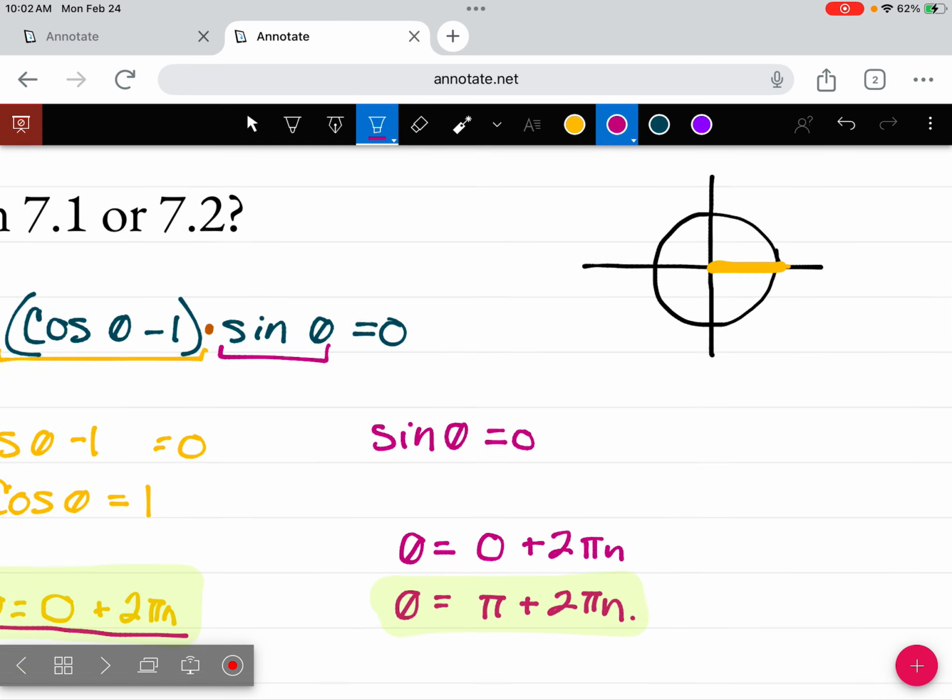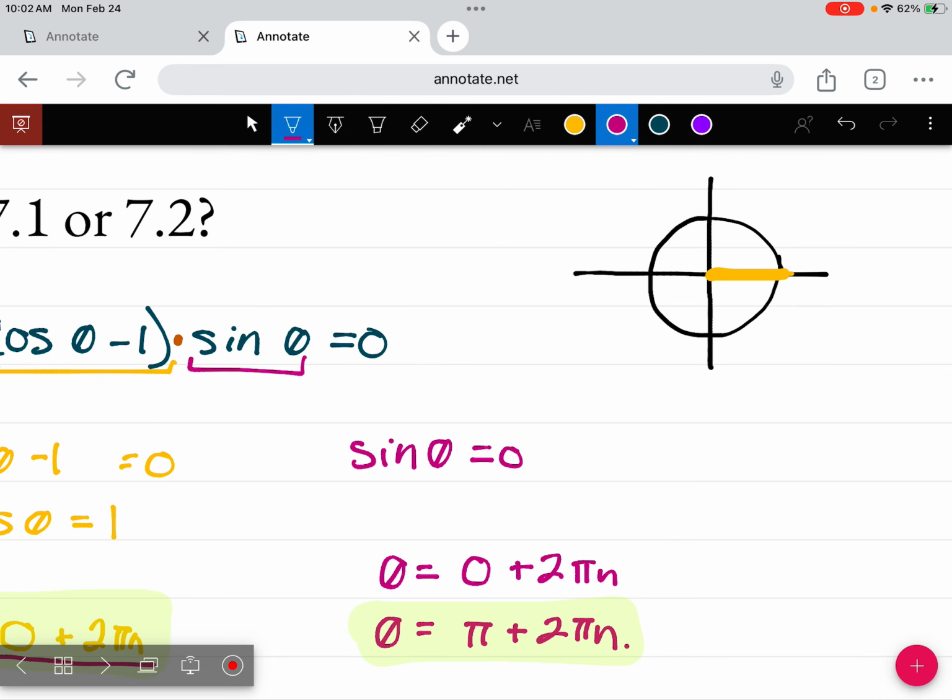Because if we think about it, it's our 0 and then our pi, and then every time it repeats. So it's pi, 2 pi, 3 pi, 4 pi. If you photo math it or did something like that, it probably just says pi n. It means the same thing as 0 plus 2 pi n and pi plus 2 pi n. And I am okay with us writing it like that because it means the same thing. And that's the way we structured it. So those are our answers.